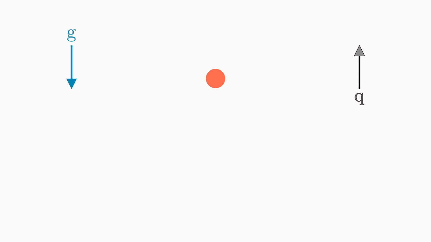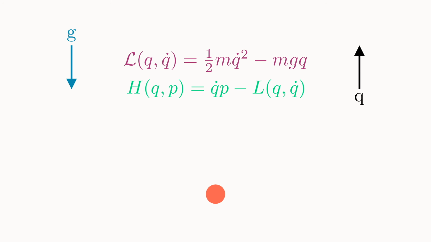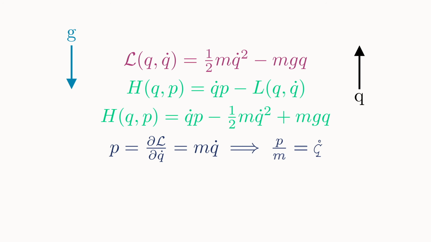If q is in this direction, then its Lagrangian is given by the following expression, which implies that the Hamiltonian is given by this expression. Then, using the definition of generalized momentum and reducing, we really can express H purely as a function of q and p.